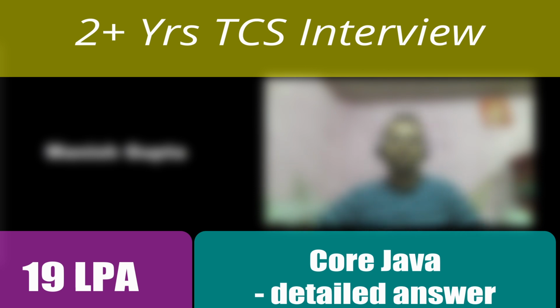Okay, so what is the difference between double equal to and equals? Yeah, the double equal to operator compares the memory addresses of two objects. It checks whether the two references point to the exact same instance in memory.